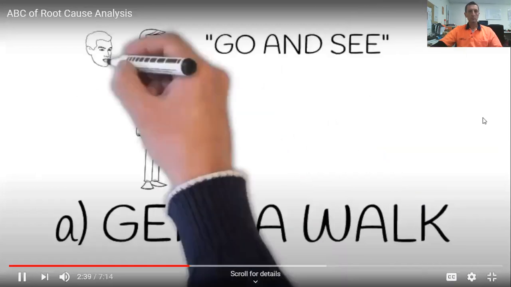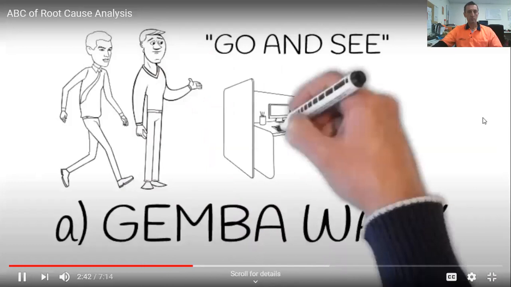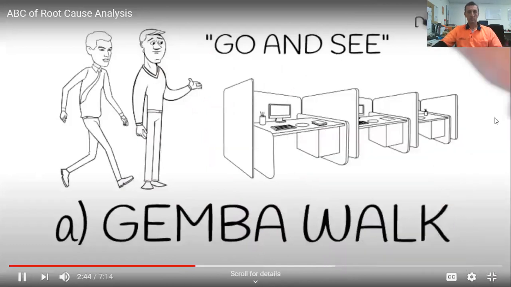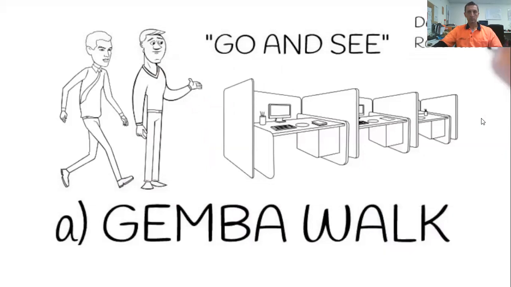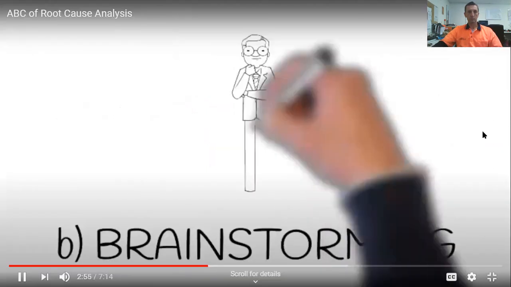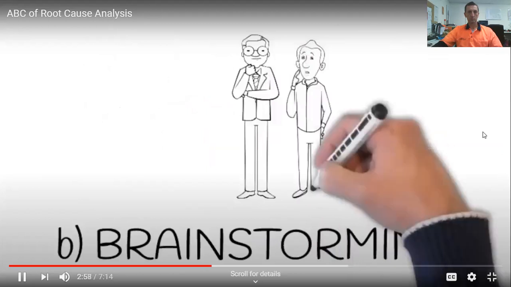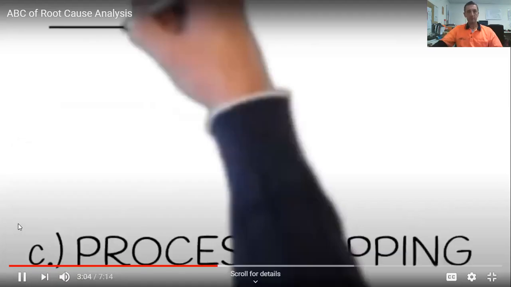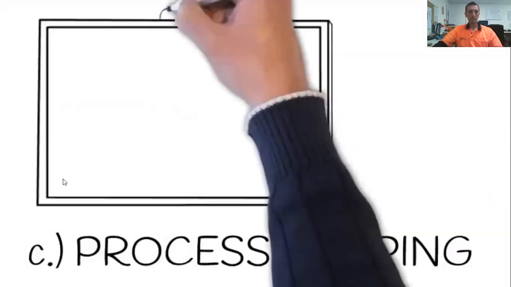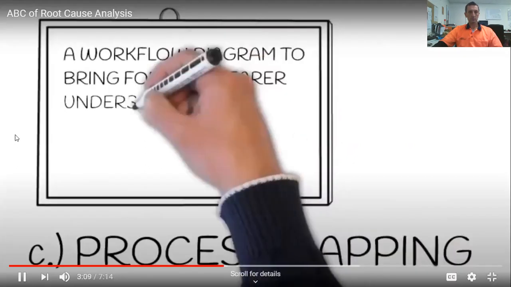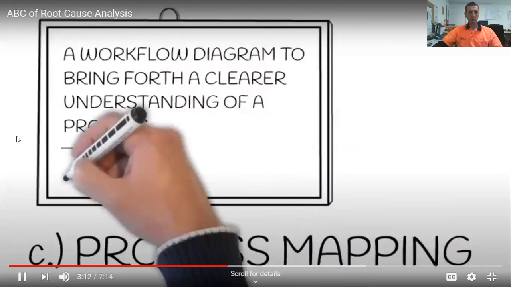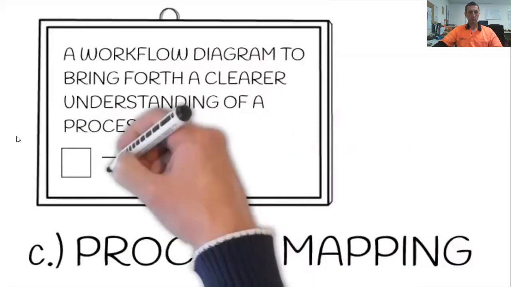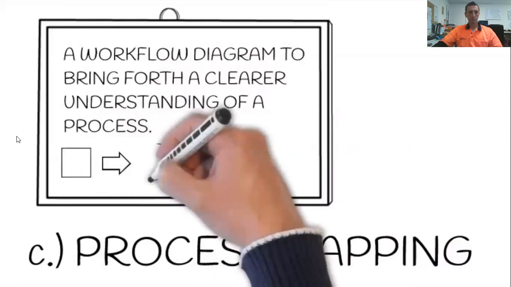It is a tour of the area where the work is taking place, purposely to get information, such as defects, root causes, and other information that can lead to targeted improvements. Brainstorming. All participants contribute their ideas, and the idea collector records them to find a conclusion to a specific problem. Process mapping. A workflow diagram to bring forth a clearer understanding of a process. It is a team effort. One person does not have all the process knowledge. These are just 3 of the basic tools you can use in analyzing the process.